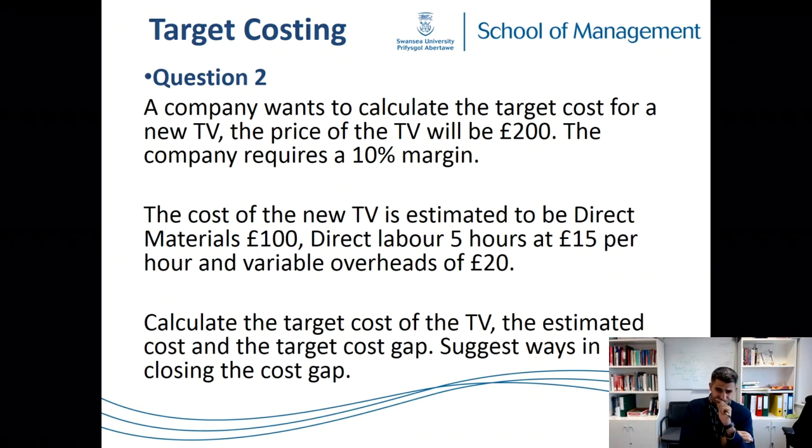£195. In this case, straight away, you can see that the target cost is £180, and the estimated cost is £195. Can you see now we are above by £15 per unit? So we need to suggest some ways in order to close the cost gap.